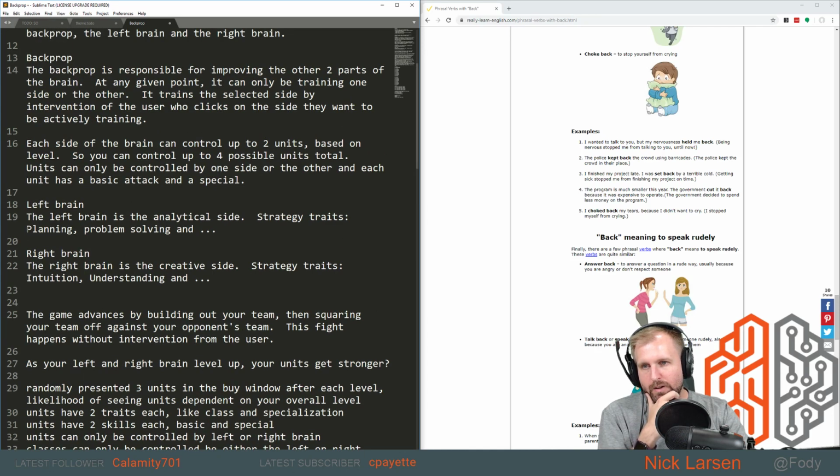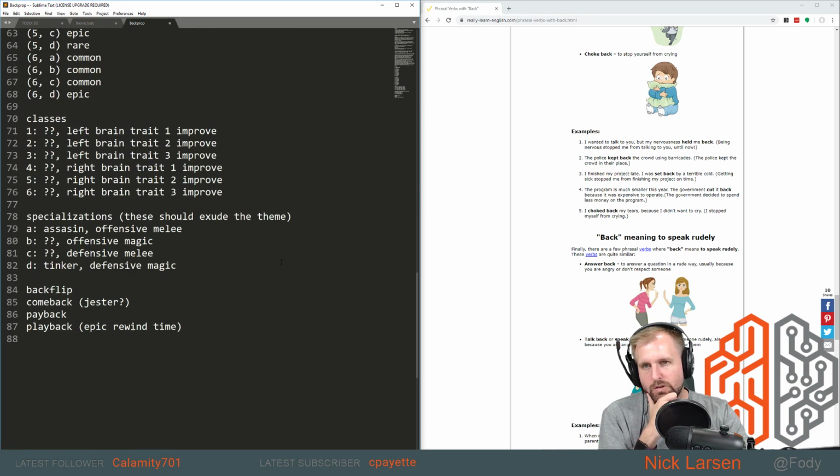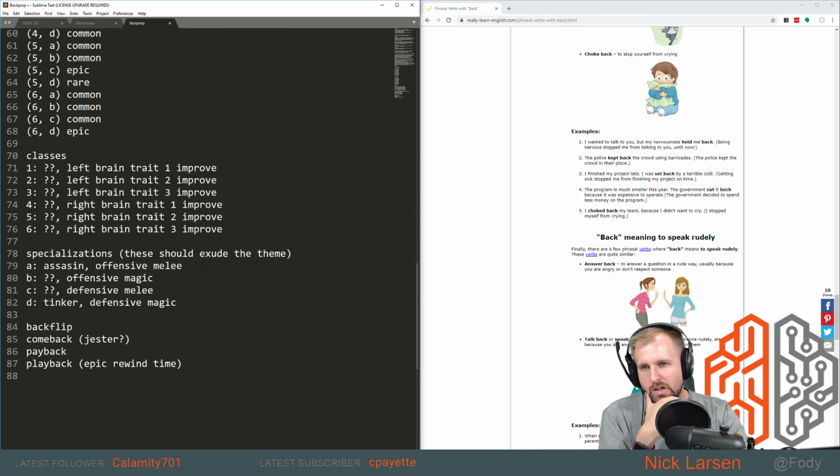Strategy traits. We have planning. We have problem solving. What sorts of things would you think of when you think of... All right, these should exude the theme. No, wait, these should not exude the theme. The epics should. Or maybe these should. Tinker.